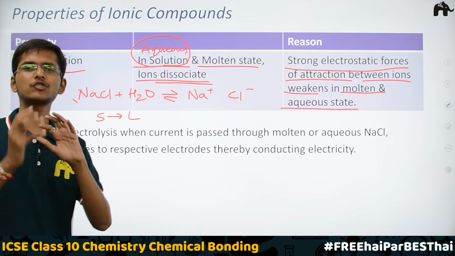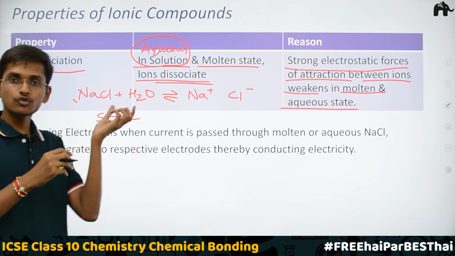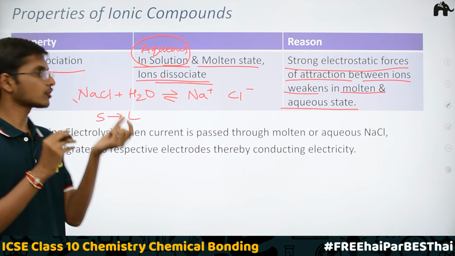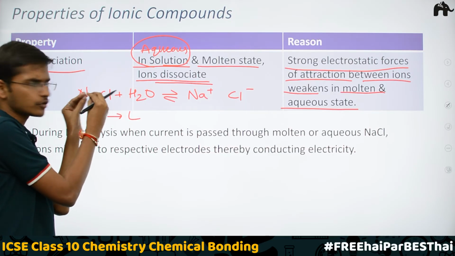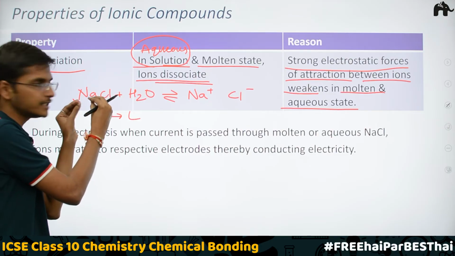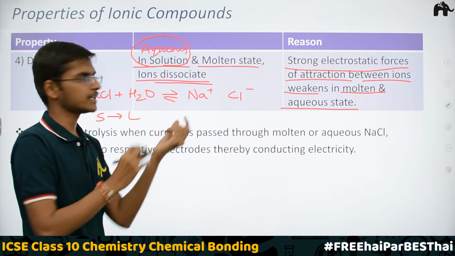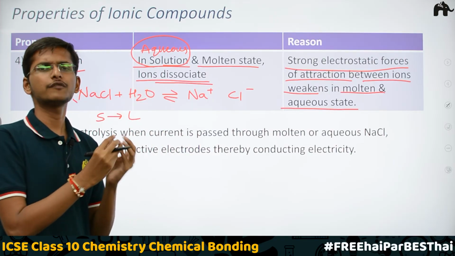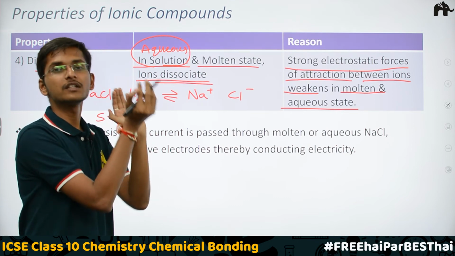Water is actually doing the same thing which the heat energy is doing. Water is also weakening the strong electrostatic force of attraction between this Na+ and Cl- ion. Since the force is weakened, these Na+ and Cl- ions are dissociated, they are separated, and now they are somewhat free and mobile to move in solution and in the liquid state.